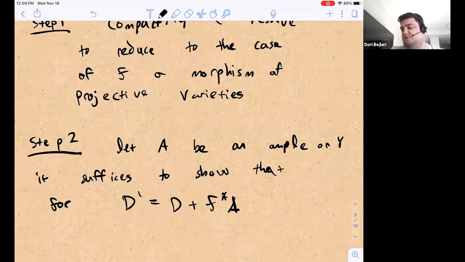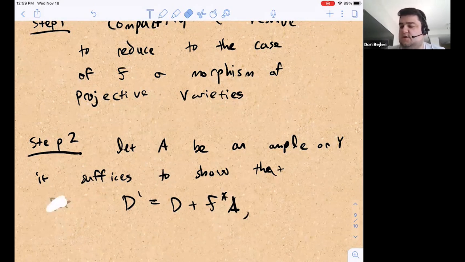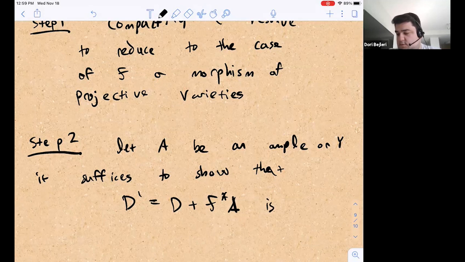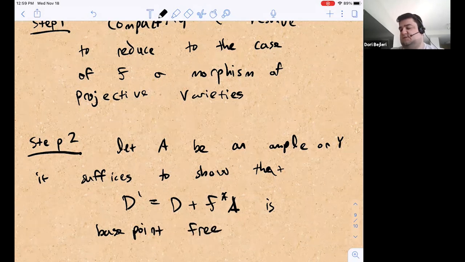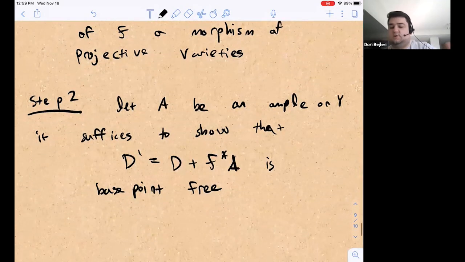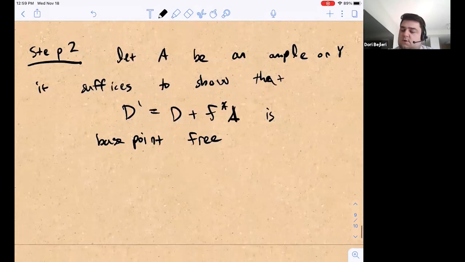It suffices to show that this D' itself is actually base point free, not just F base point free. So it suffices to show this a priori stronger statement that some divisor is actually globally base point free rather than just locally on Y. Or some large enough multiple, because of course we're showing something semi-ample.